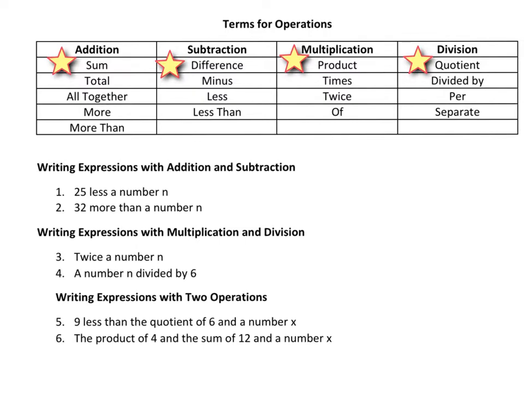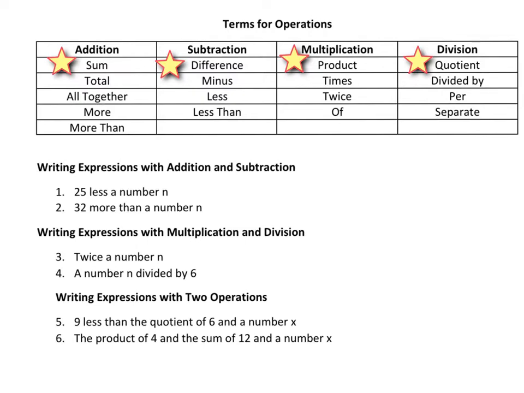That will make more sense when we get to writing expressions with two operations especially. Okay, so these are the terms that you need to be familiar with and know which operation the problem is asking for with each one of these. And again, sum, difference, product, and quotient are all the answers to an arithmetic problem.